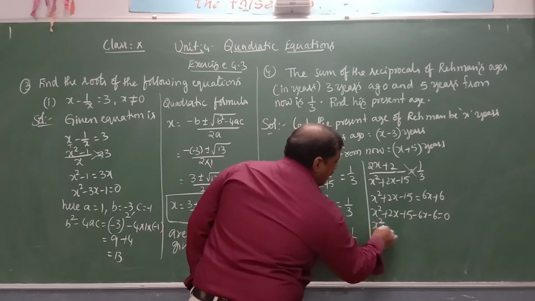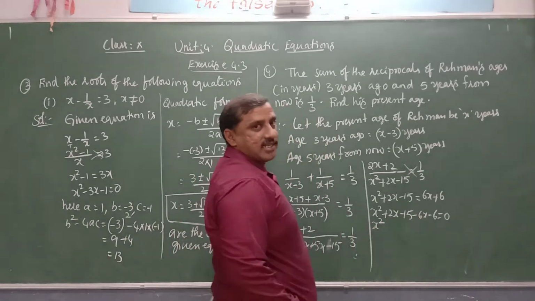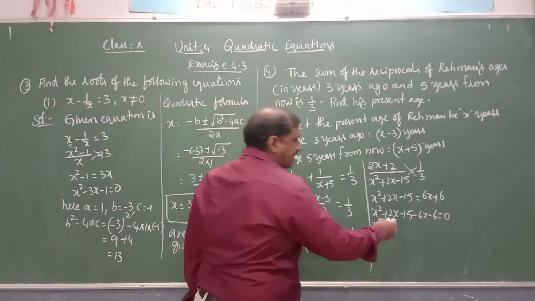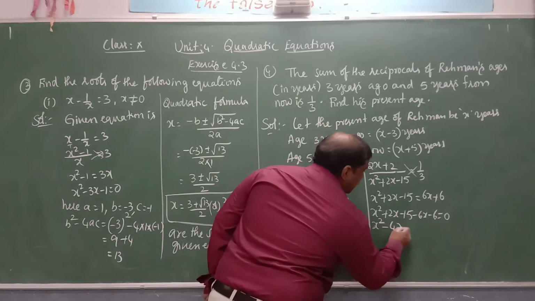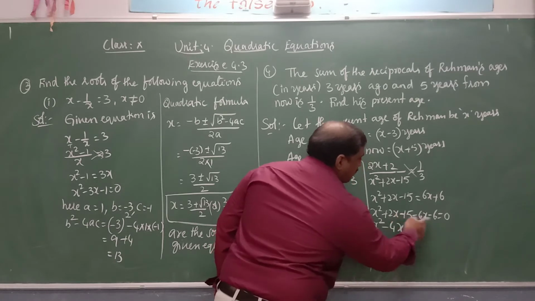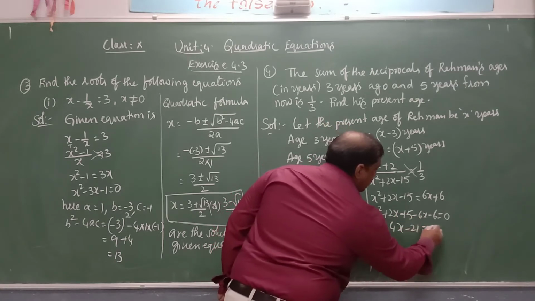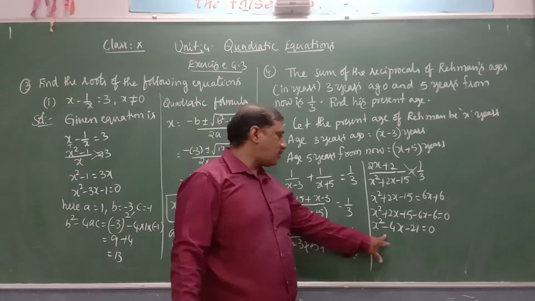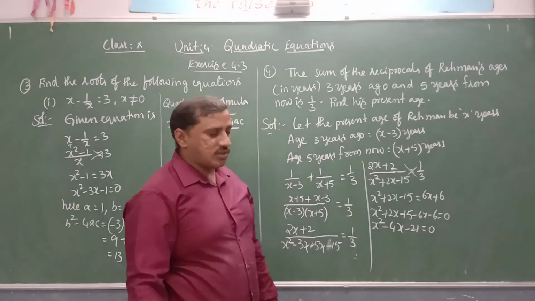Now x square, plus 2x minus 6x, subtract 2 from 6 and take the minus sign, we get minus 4x. And minus 15 minus 6 is minus 21, equals 0. Now we got a quadratic equation: x square minus 4x minus 21 equals 0.